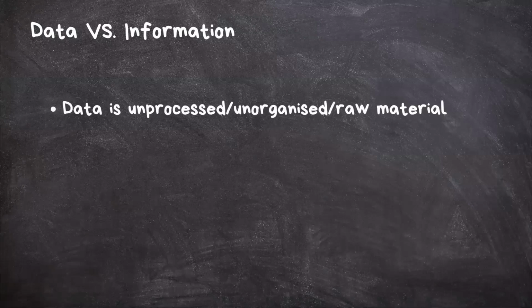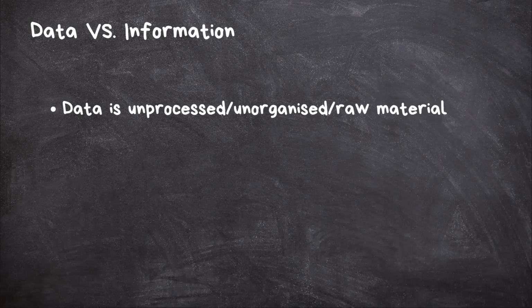So data is something that is unprocessed, it's unorganized, or basically it's something that is in its raw form. And that raw, unorganized form is of no use to you. It does not have any meaning. So it's not meaningful.